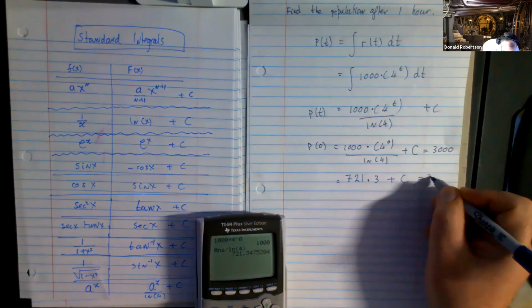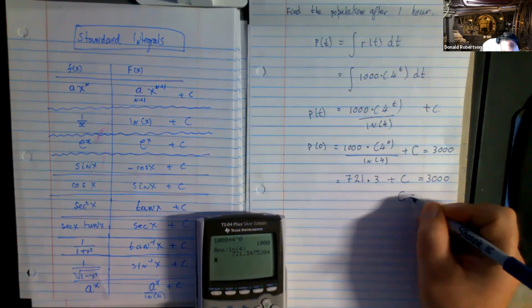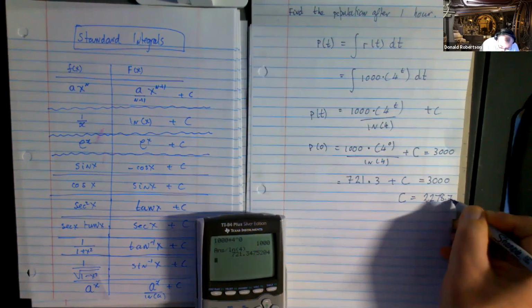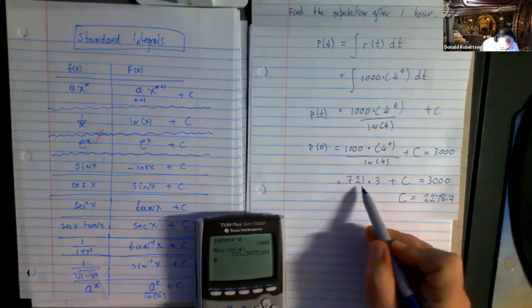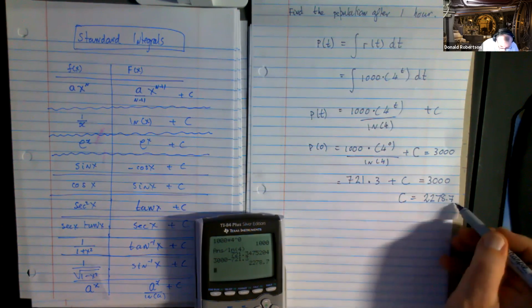Add C gives me 3000. That makes C 2278.7 by subtracting 721.3 away from 3000. So there's my 3000, 721.3, and I get this guy.